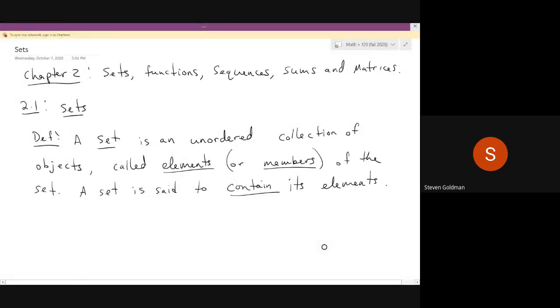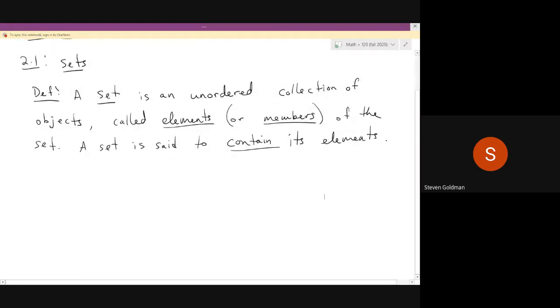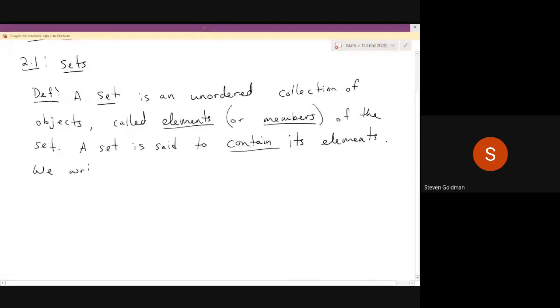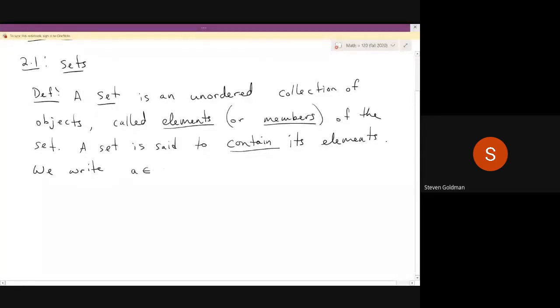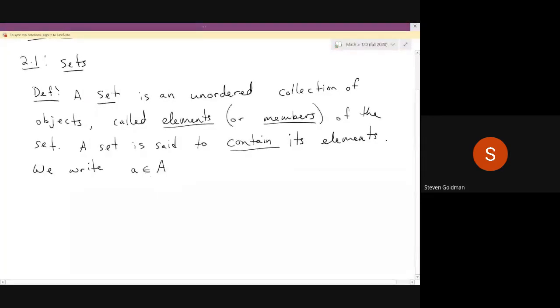And there is notation that we use to indicate that something is an element of a set. So we write a ∈ A. Capital letters will be used to represent sets. This little letter a is an element.